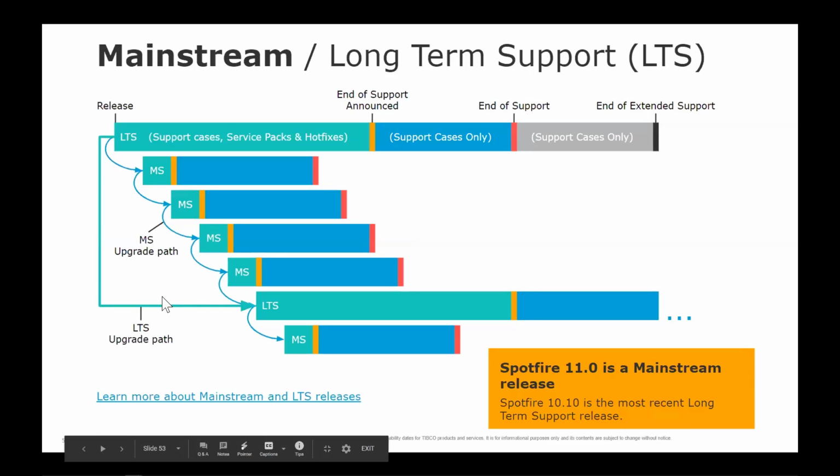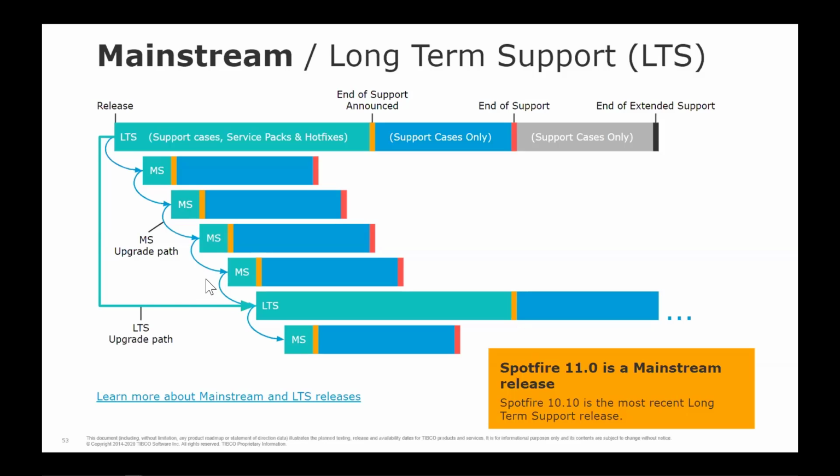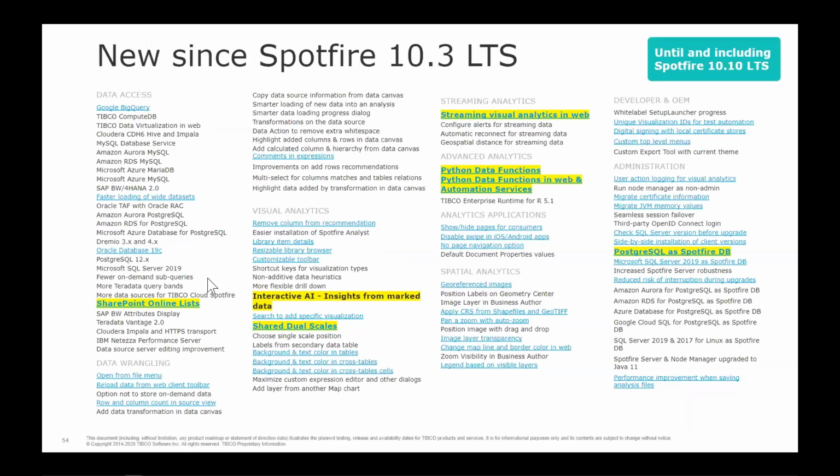So Spotfire 11 is a mainstream release. That means that Spotfire 10.10 is still the most recent long-term support release. And on this slide, this is for those of you that are still on 10.3.